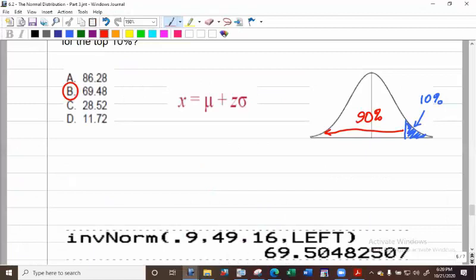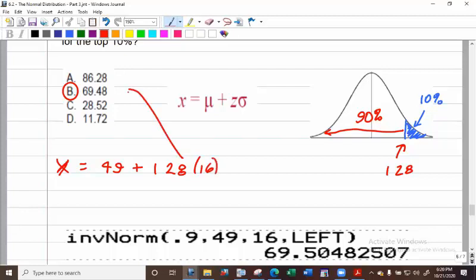So if you're doing it this way, you would come up with 1.28. And then you would just say X equals 49 plus 1.28 times the standard deviation of 16. That's going to give you that number right there.